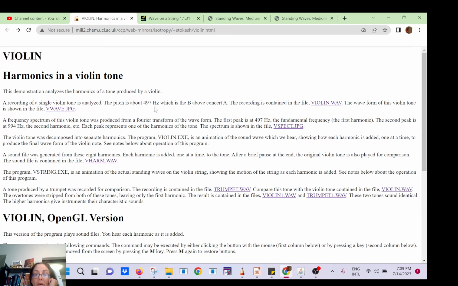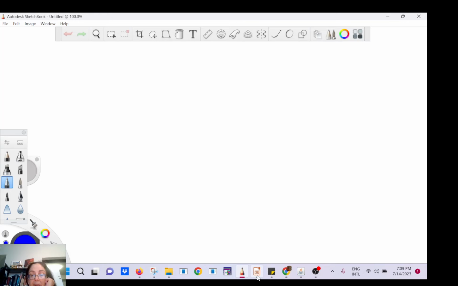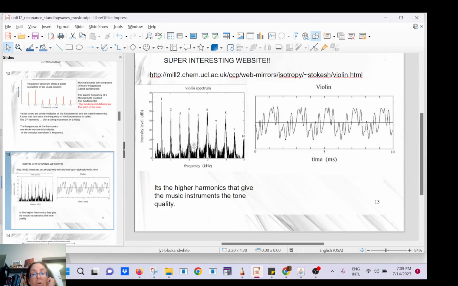You play that on a violin, and when you use what is called a spectrum analyzer, you can extract from the sound that you hear all the harmonics. It's inside that sound that you hear.